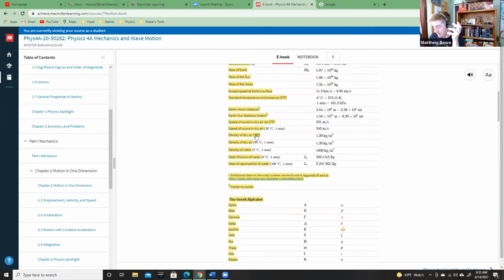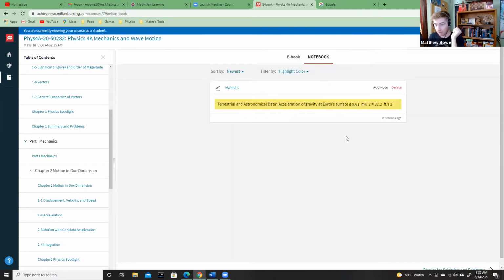But things that I highlight automatically go to a specific notebook section right here at the top. So you can highlight as you go, collect the information you need as you go. And I thought that was pretty cool. And there's plenty other stuff that you guys can figure out in this sort of ebook program.